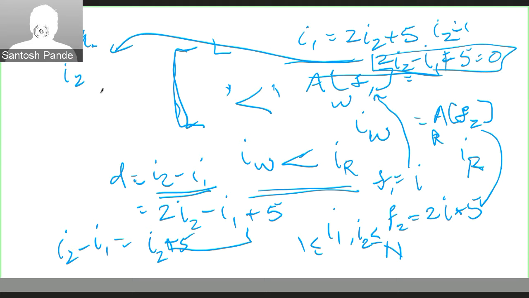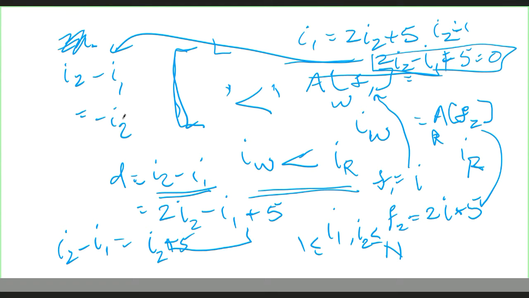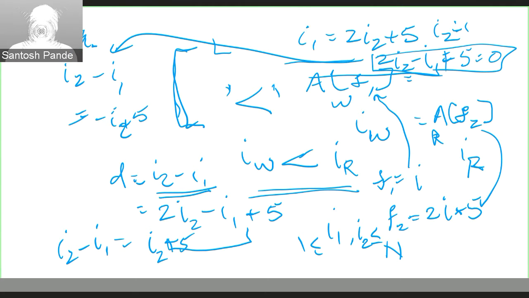Let's write it here: I2 minus I1 is equal to minus I2 plus 5. We may have messed this up in terms of true versus anti-dependence, but that doesn't matter.